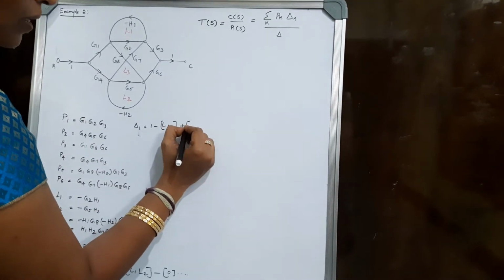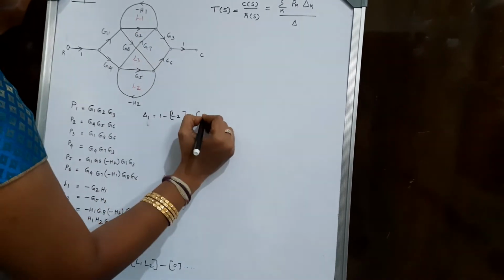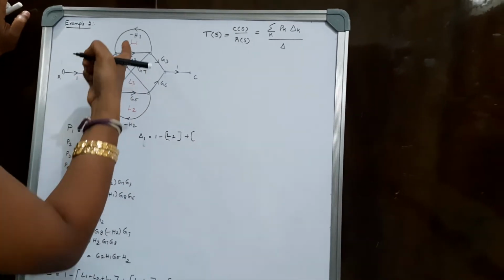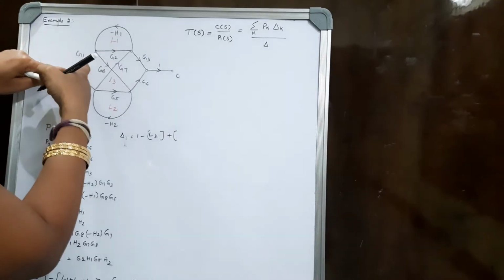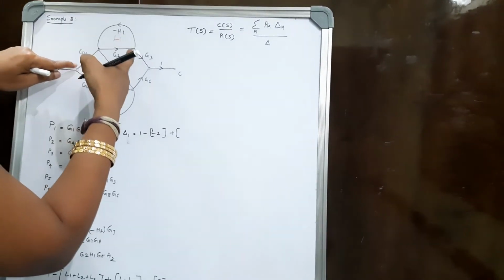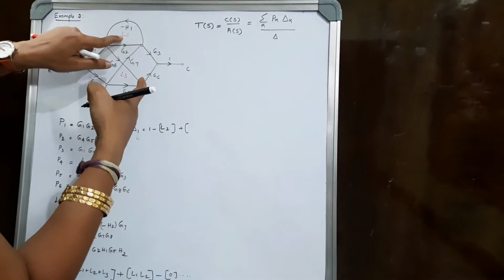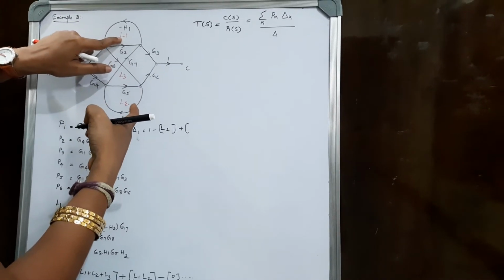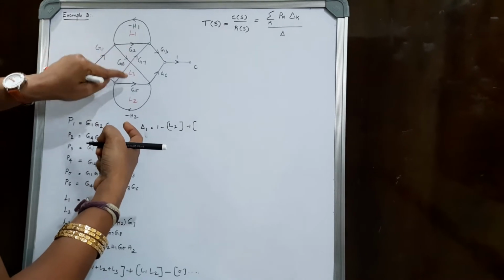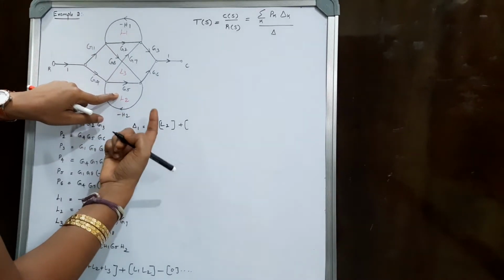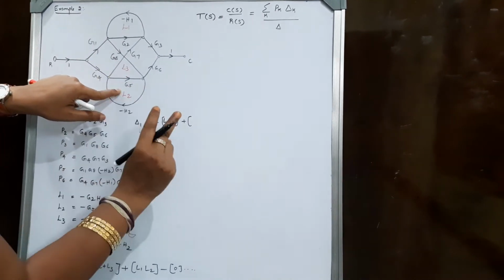So plus non-touching loops taken two at a time. Any combination you take, since I am considering the first forward path here, that is G1, G2, G3, nowhere can I consider L1 because it is touching that. The second one, L2, I can consider, but for non-touching loops a minimum of 2 loops should be there.